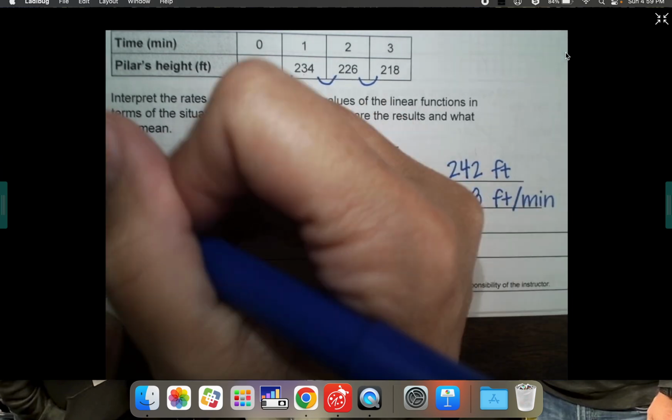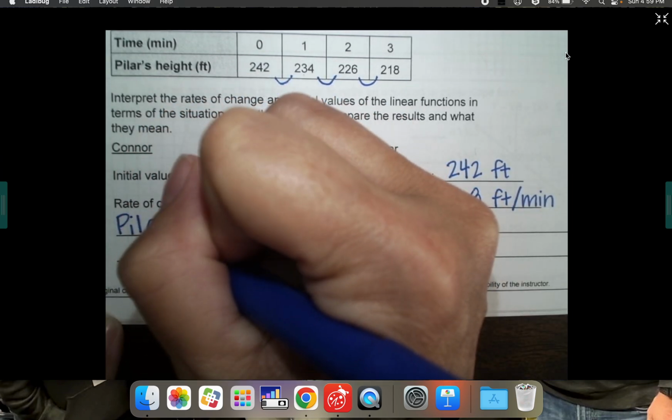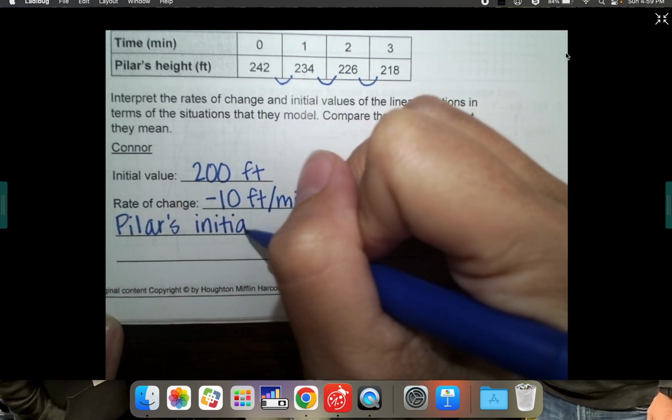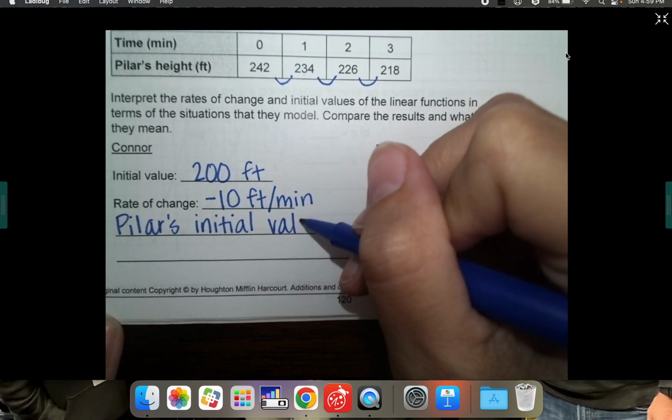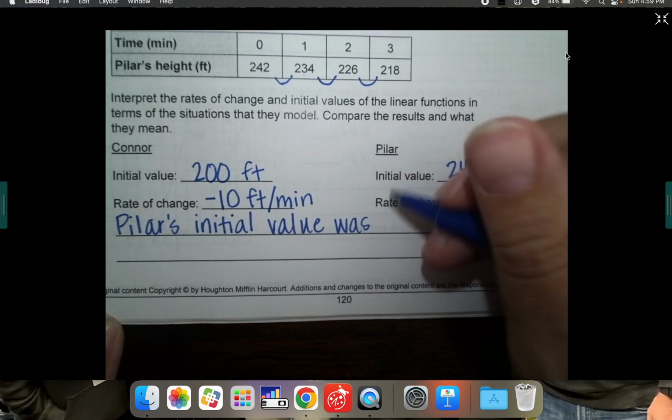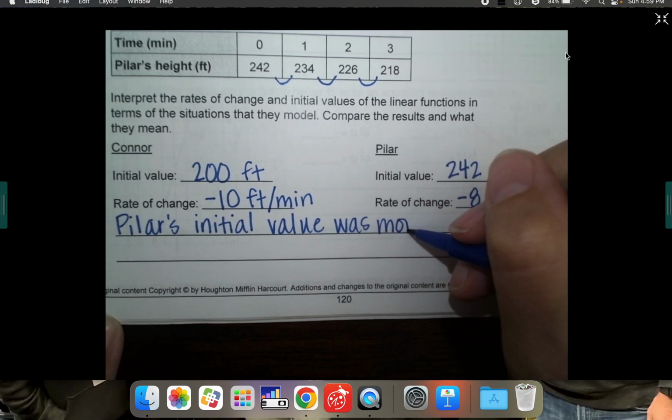So you might say something like Pillar's initial value was more, we can just say more, that's fine.